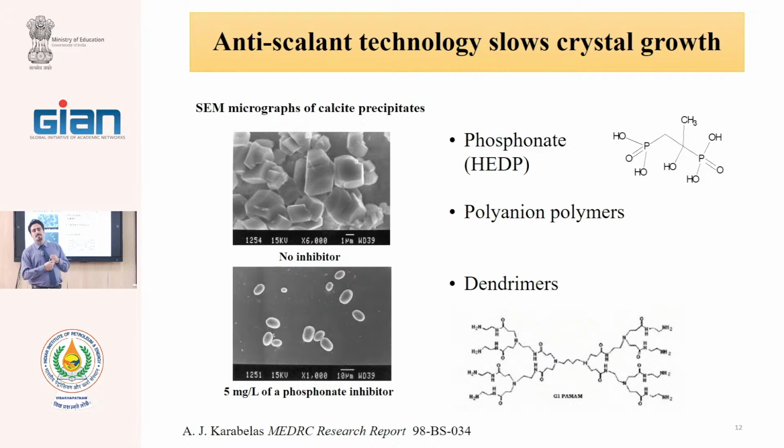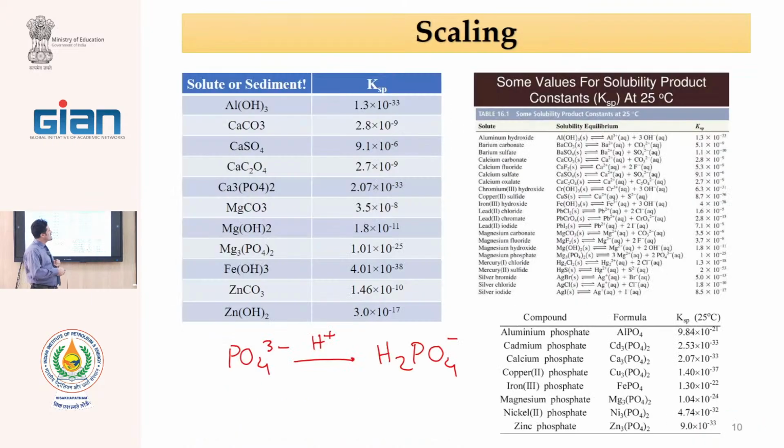One mechanism is the change of Ksp. We saw in the previous slide that we have a Ksp for each of these sediments. When we add a second ligand, we have a metal, and sulfate is a ligand, okay? Our complexing agent. When we have a new ligand, such as phosphonate, calcium wants to react with phosphonate instead of the sulfate.